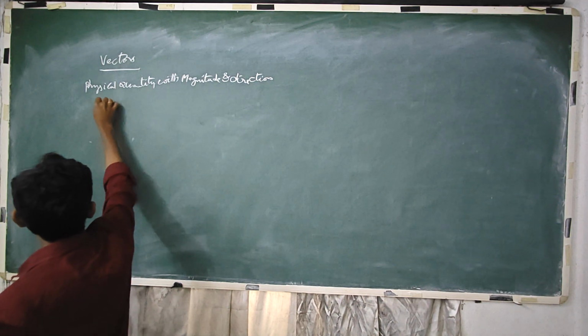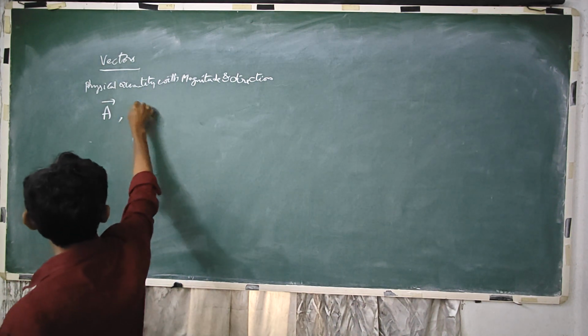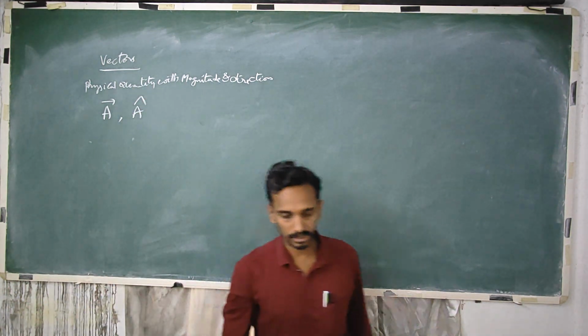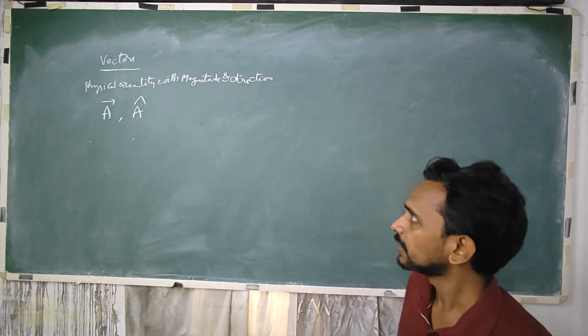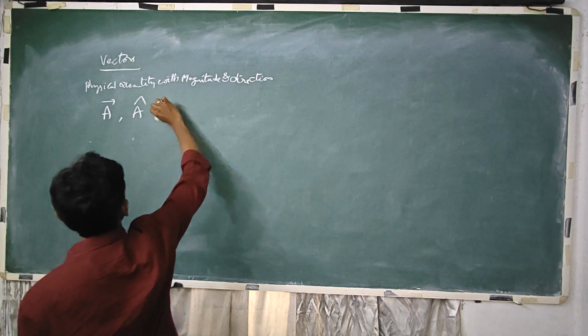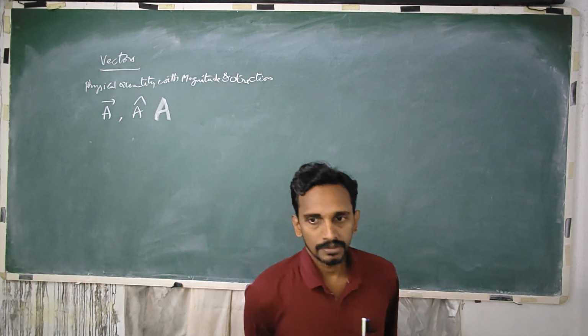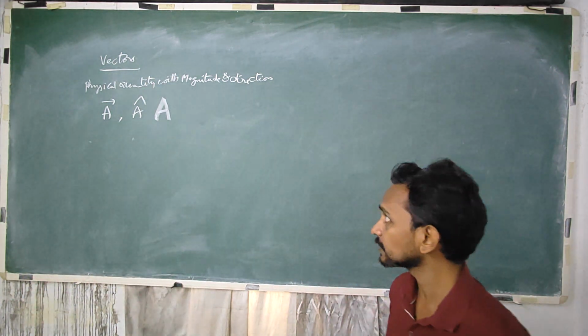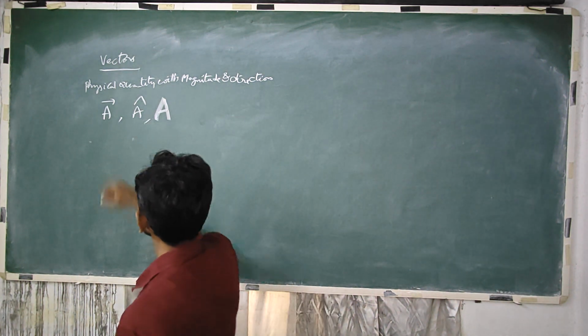So it is represented like this, or with an arrow mark overhead, or with a cap, or with a bold letter. These are three possible ways of representing a vector.